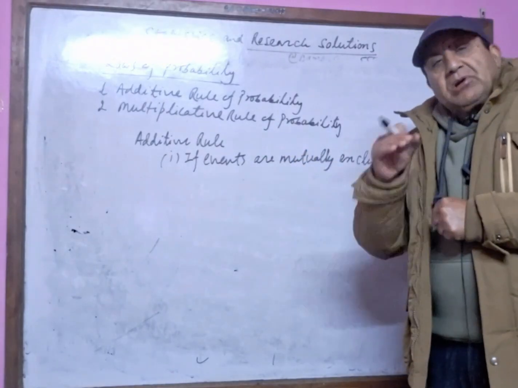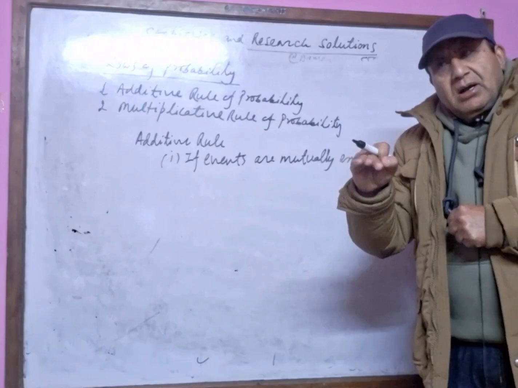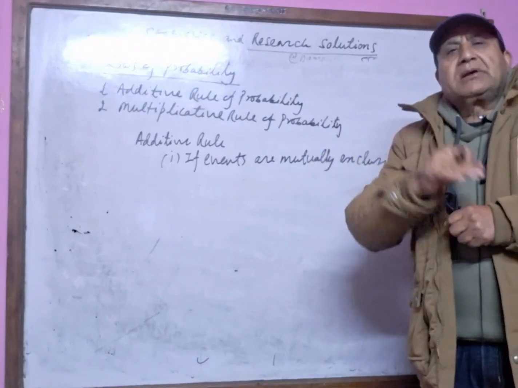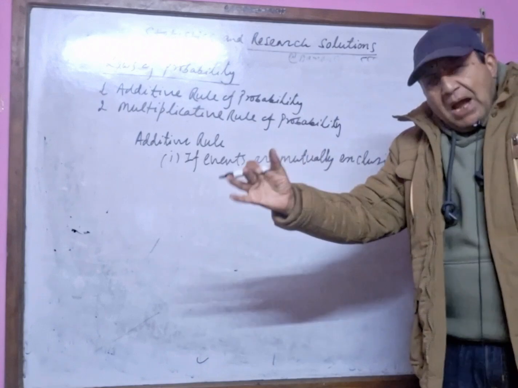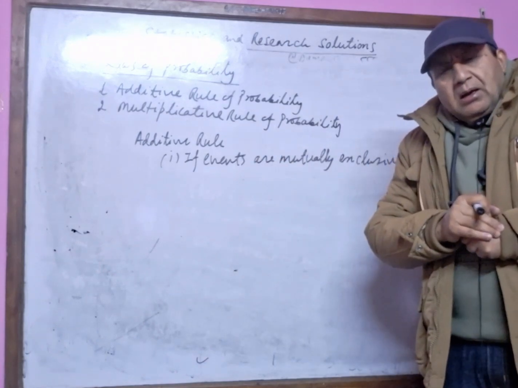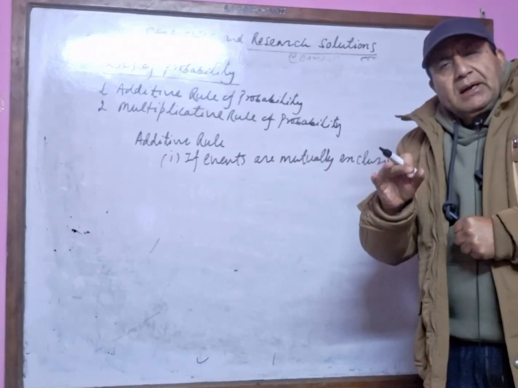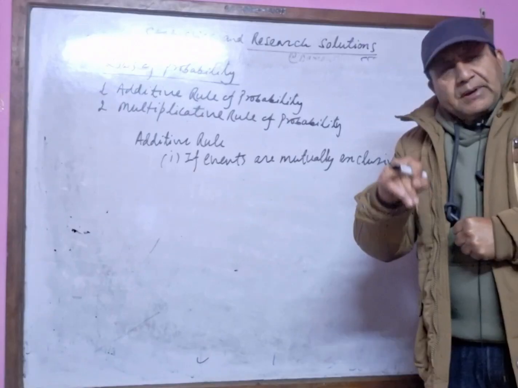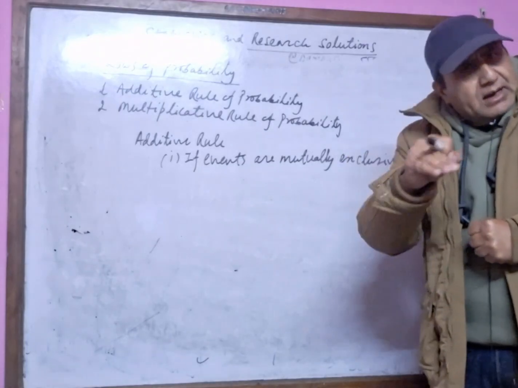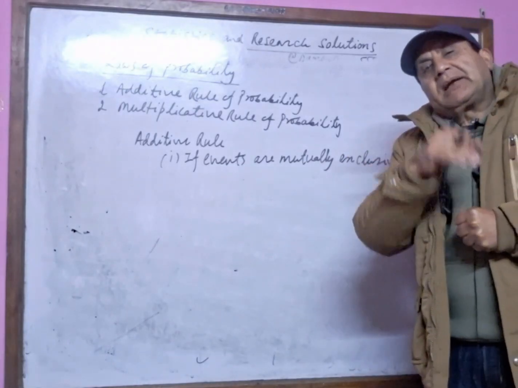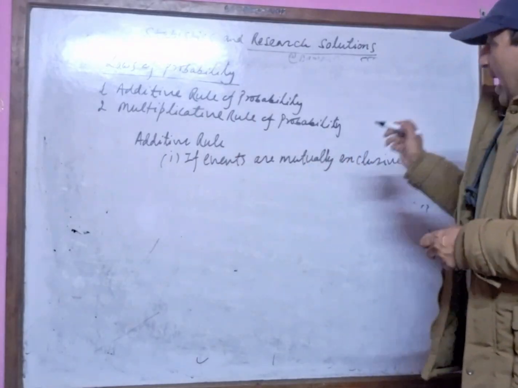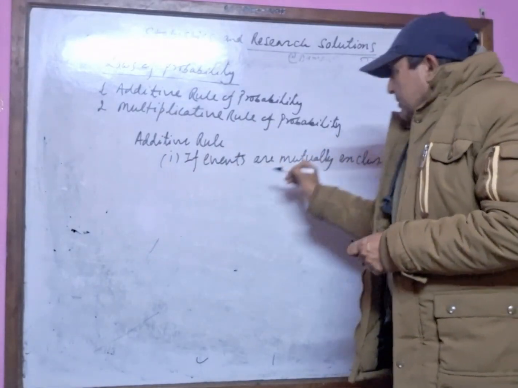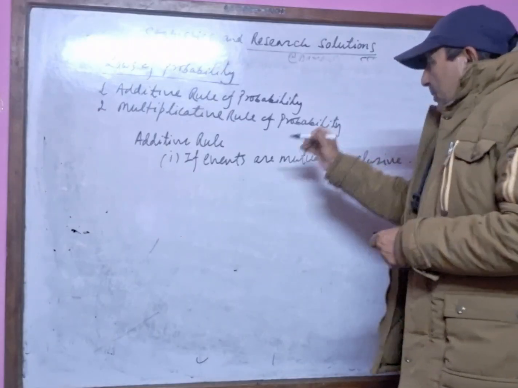Mutually exclusive means events whose simultaneous occurrence is not possible. In that case, we apply this additive rule, and that is the first condition.